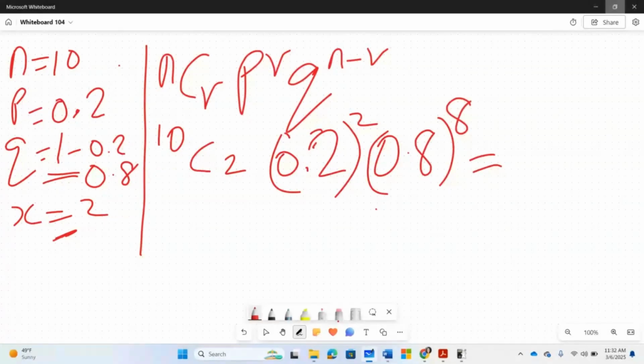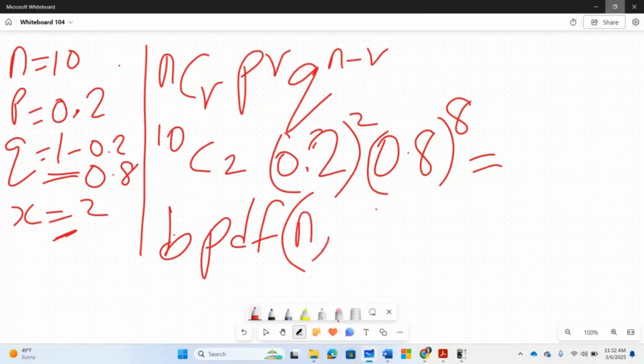If I'm using the calculator, I'll do binomial PDF because it's a single probability. That's why I'm doing binomial PDF. The arguments are n, comma, p, comma, r. P is probability of success, r is the random variable.